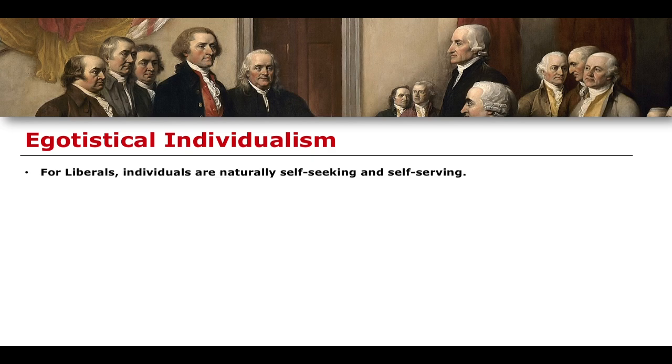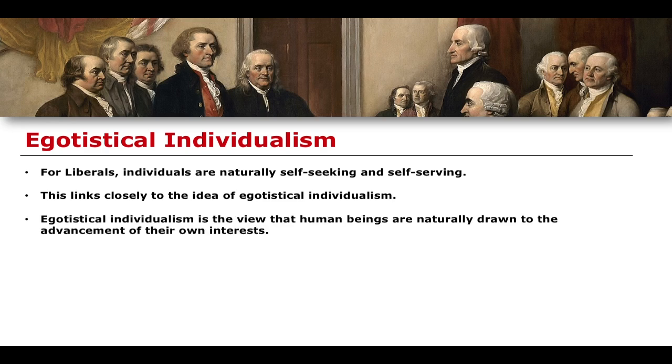Generally speaking, liberals see that individuals are naturally self-seeking and naturally self-serving. This is an idea that we call egotistical individualism. There's a certain amount of egotistical nature in the human self, and it is individualistic in the sense that people are self-seeking and self-serving. Egotistical individualism is essentially the view that human beings are naturally drawn to the advancement of their own interests.